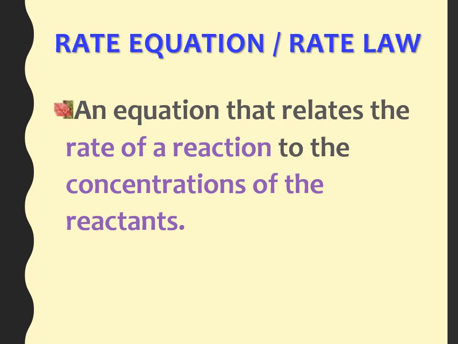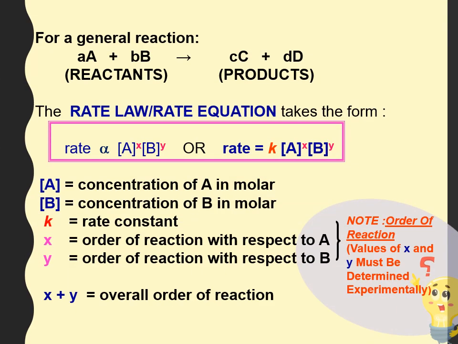What are they? It's an equation that relates the rate of reaction to the concentrations of the reactants. For a general reaction that we have here, aA plus bB becoming cC plus dD, the rate law, or rate equation, takes the form: rate is directly proportional to the concentration of A to the power of x, concentration of B also to the power of y.